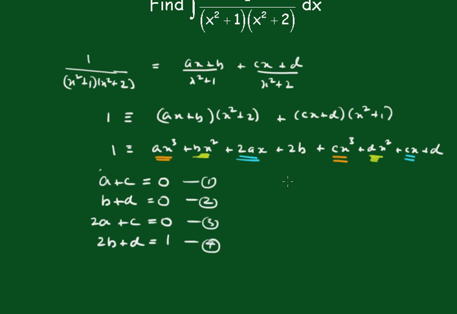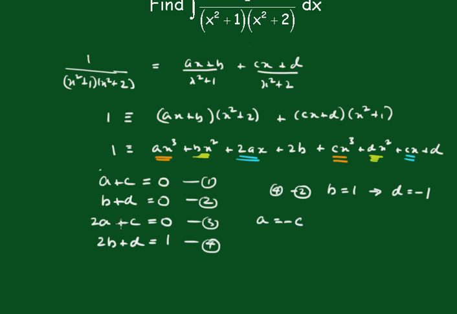Now if I subtract 4 minus 2, I get b equals 1, which implies, of course, that d equals minus 1. We have also that in 1, a equals minus c.